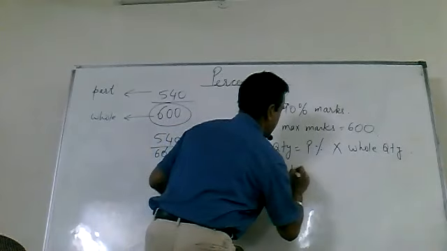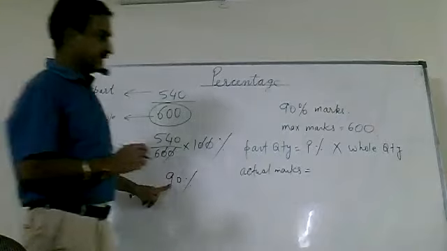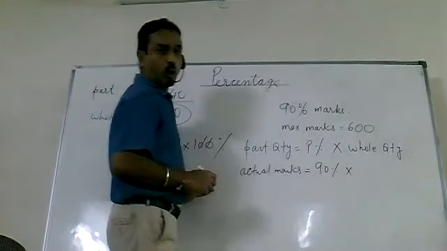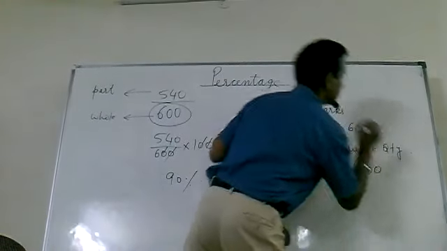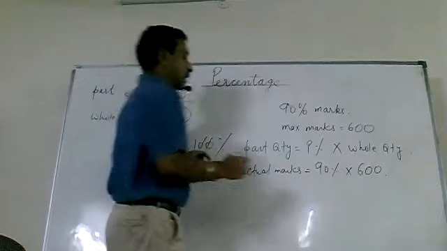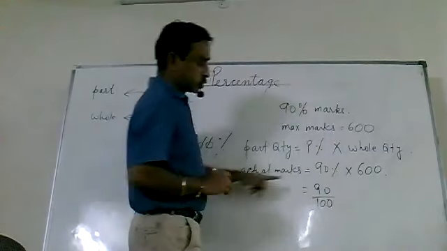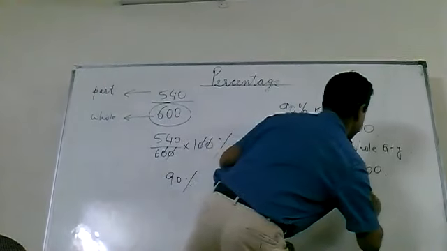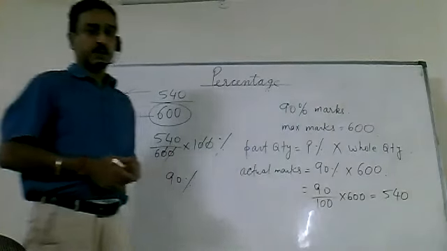His actual marks is equal to 90% of the whole quantity, which is 600. Now 90% can be written as 90 by 100. To remove the percentage, we can write 90 by 100 into 600. So this gives you 540.